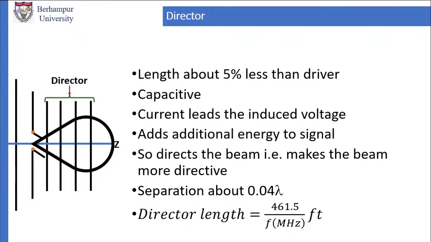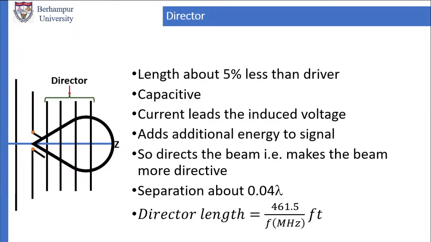That is because of conservation of energy, we cannot have additional energy. Additional energy cannot be created. But because of the leading current, it is going to add additional energy. So from where will it get the energy? It will get the energy that got reflected, and that energy will be concentrated in a particular direction. Since it will be concentrated in a direction, it will be more directive.